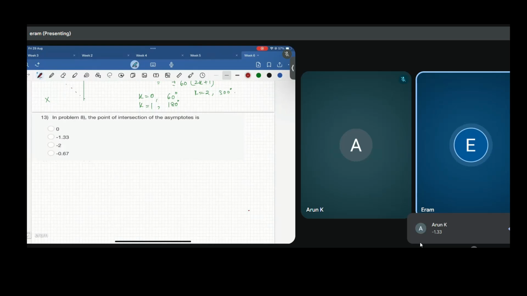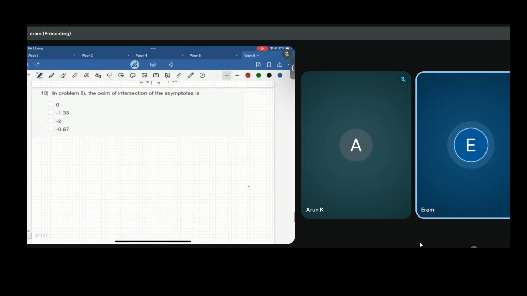The point of intersection of the asymptotes. Again, this is a formula based question.